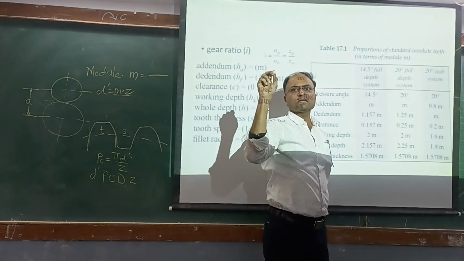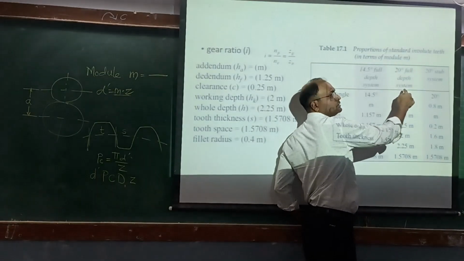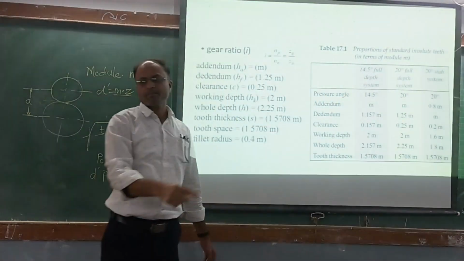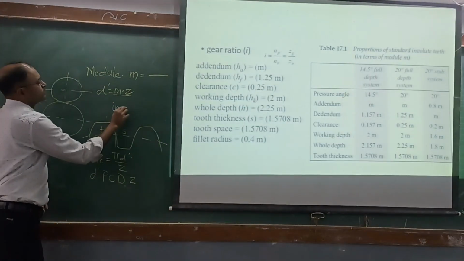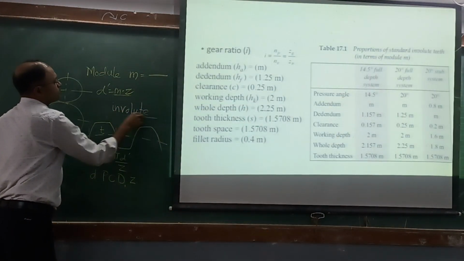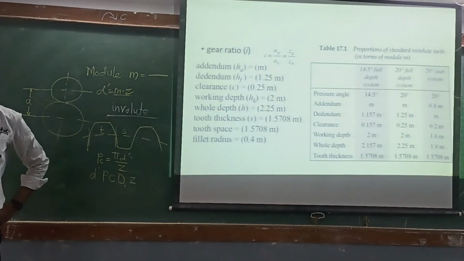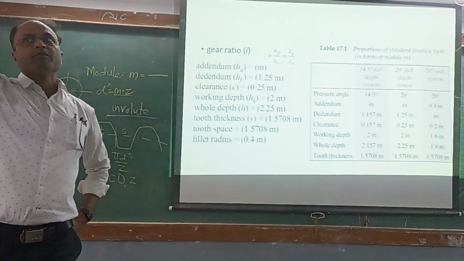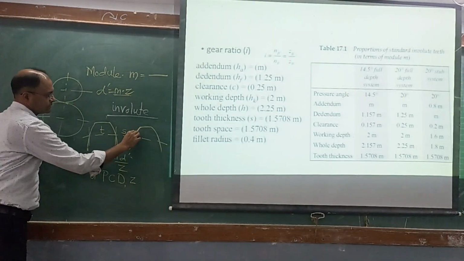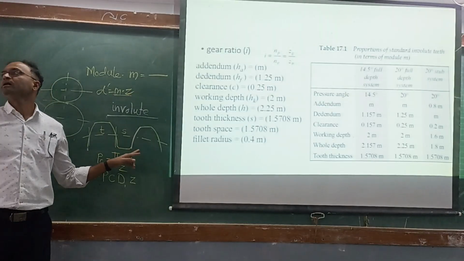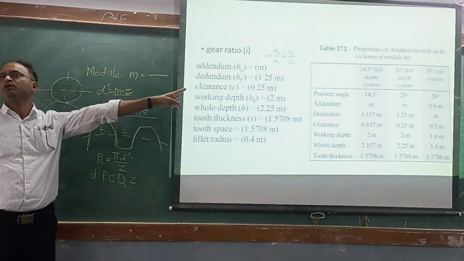So you write down standard proportions for 20 degree full depth involute system. What is involute? Involute is a type of curve. टूथ का जो surface होता है, this surface, it is always in the form of involute. Okay? So ये curve का नाम है involute.